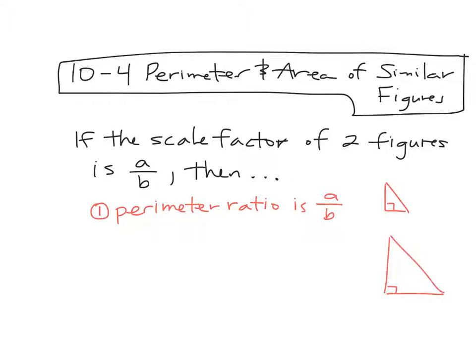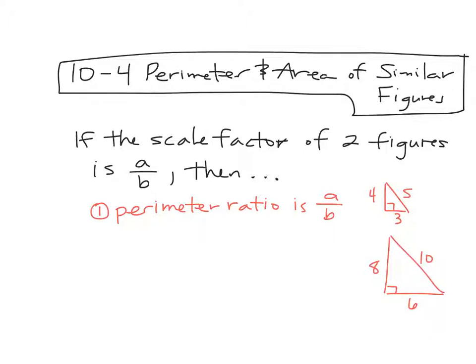Let's say we have these two triangles and they are similar triangles. So this is 3, 4, 5, and this is 6, 8, 10. Okay, think of it this way. If I asked you what is the scale factor of these two triangles, could you tell me what that is? Do you remember how to do that? Something over something.